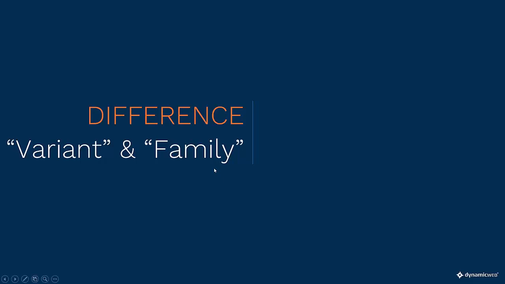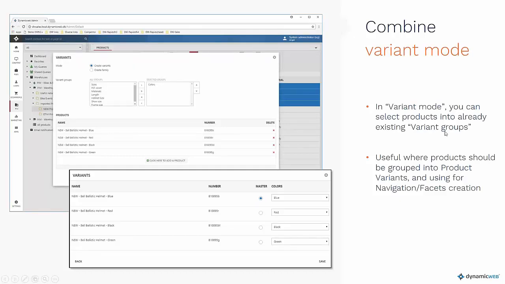So where should we choose the variant groups, or where should we choose the families? Now, the difference between the 2 modes is that with the variant mode, as shown before, we select a group of variants. They are of course predefined. You can then, when you have selected your products, go to a window where you can select the specific variant in the group you want the product to go into.